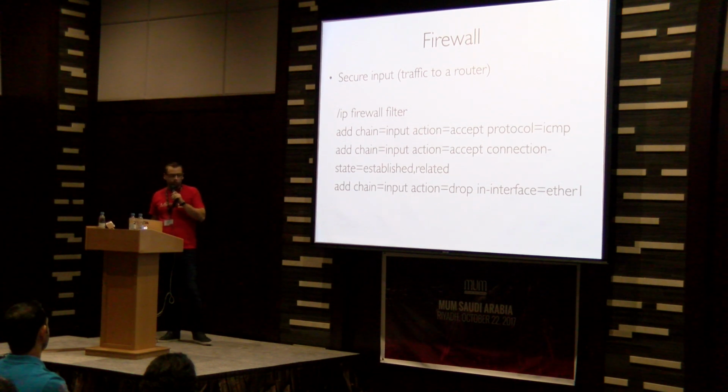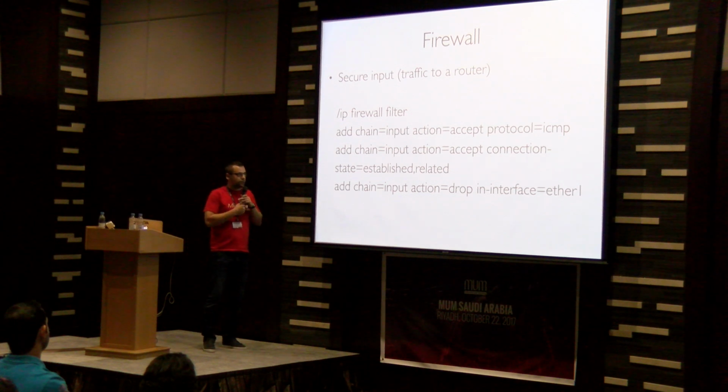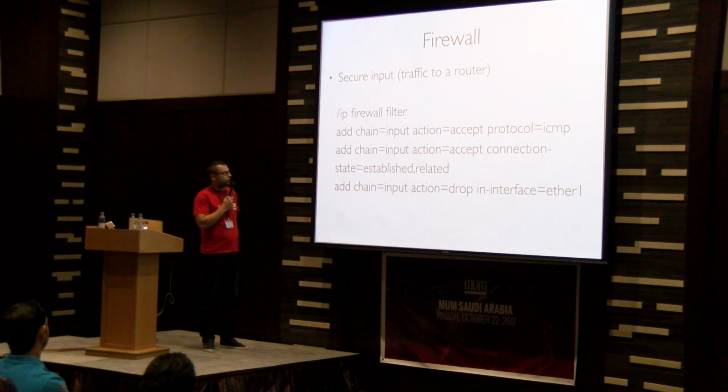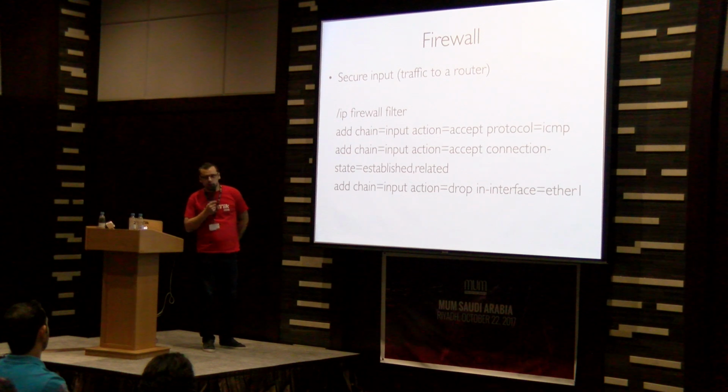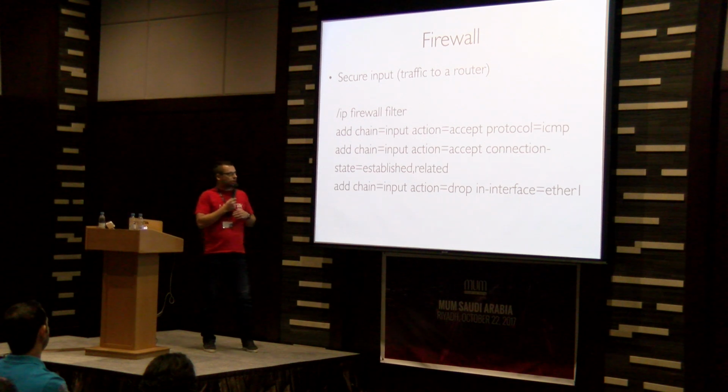If you don't want that, you can, of course, change it, drop such packets or something like that. But by default, it's allowed in our firewall. So the first rule accepts packets in the input chain. It's traffic coming to the router, not through it, not from it, but to the router. And protocol ICMP.